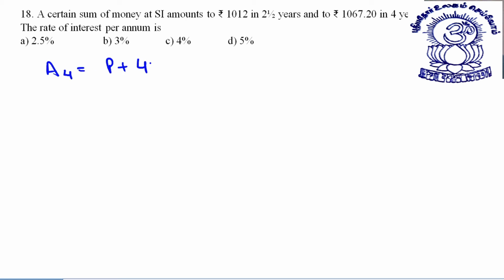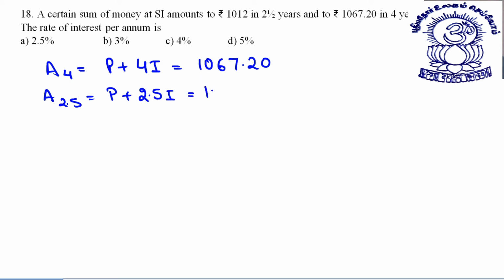Principal plus 4 interest, that is given to us as 1067.20. Also the amount after 2.5 years will be principal plus 2.5 years interest, that is given to us as 1012.00.